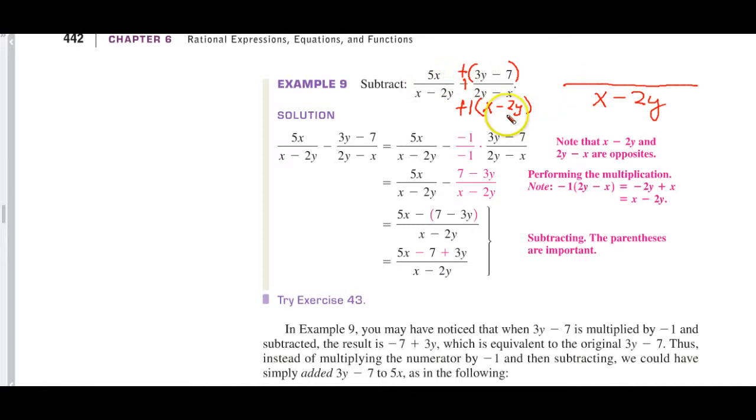So I've changed this whole thing around just by fiddling with this denominator. So now my new numerator is going to be 5x plus 3y minus 7. And that is my answer. Okay? And the book shows it a little different way. I kind of like my way, but that's what we got.